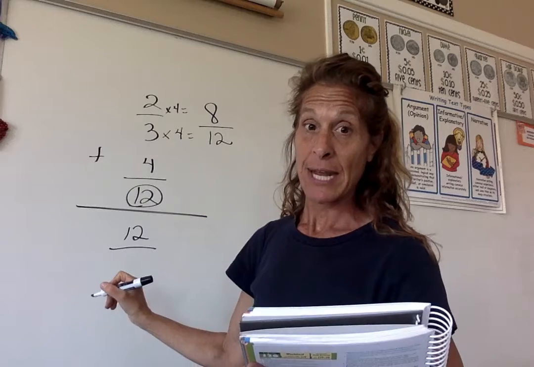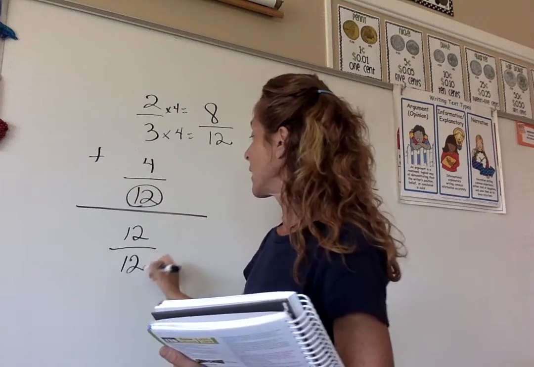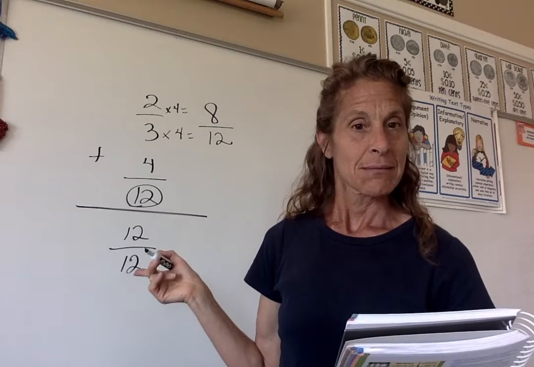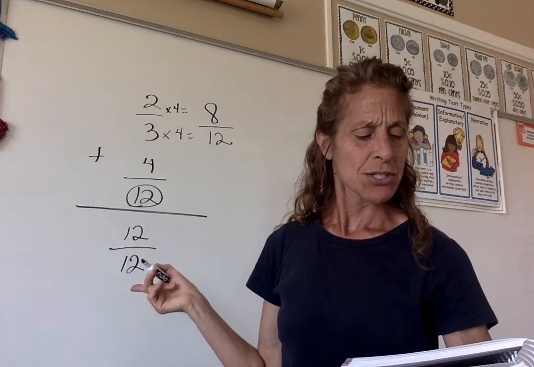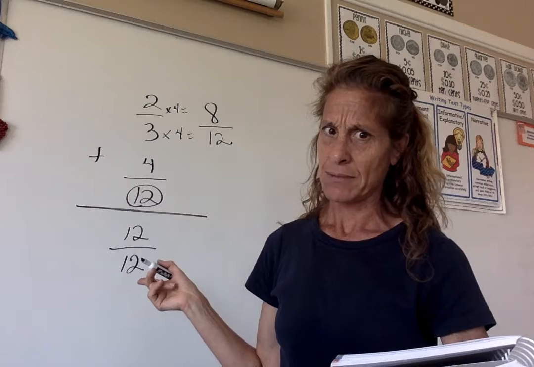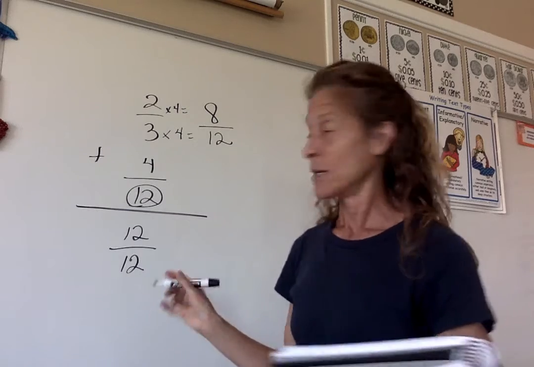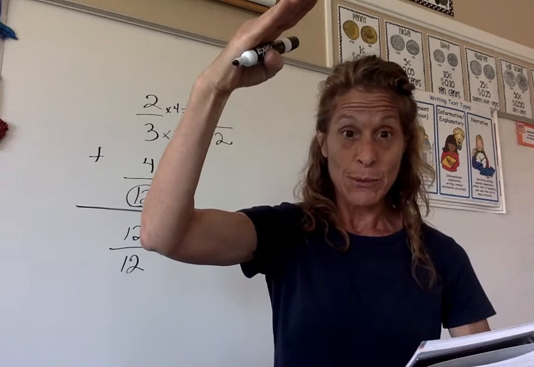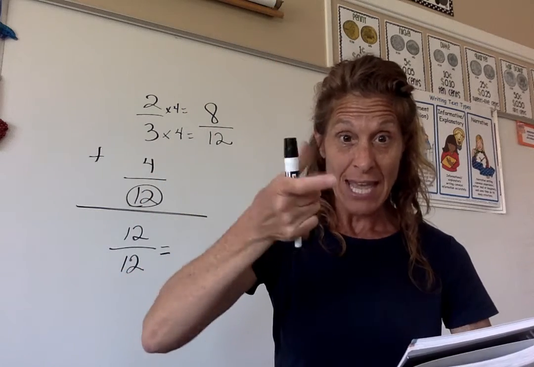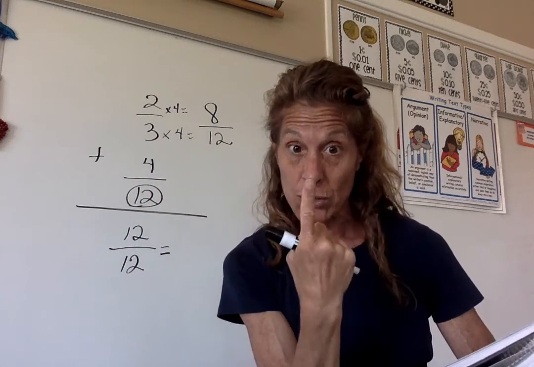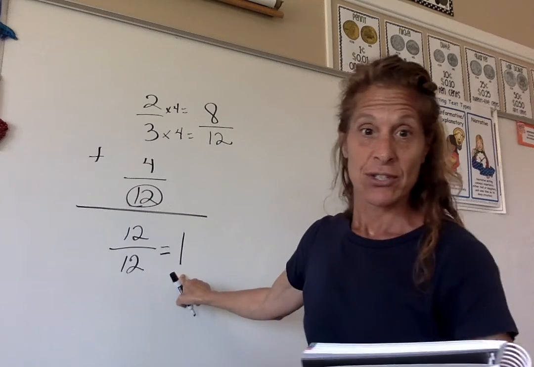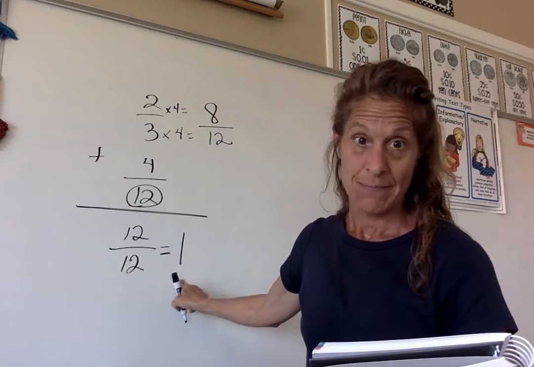What's my common denominator? 12. But wait. Now it said give a final answer. Is this a final answer? It's an answer. It's not the final answer. Because when you have a numerator and a denominator that are the same, it automatically equals 1. So our final answer is 1.